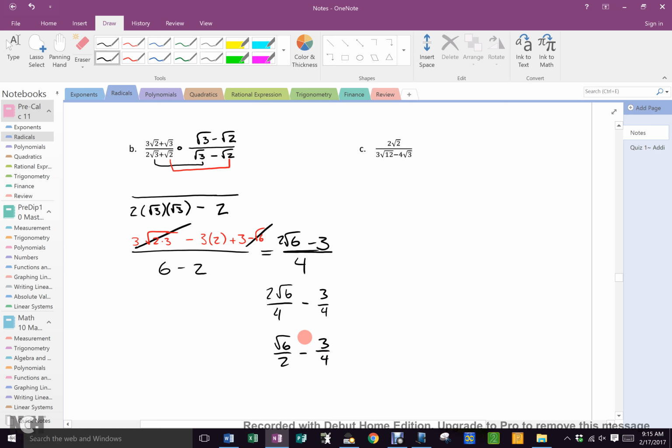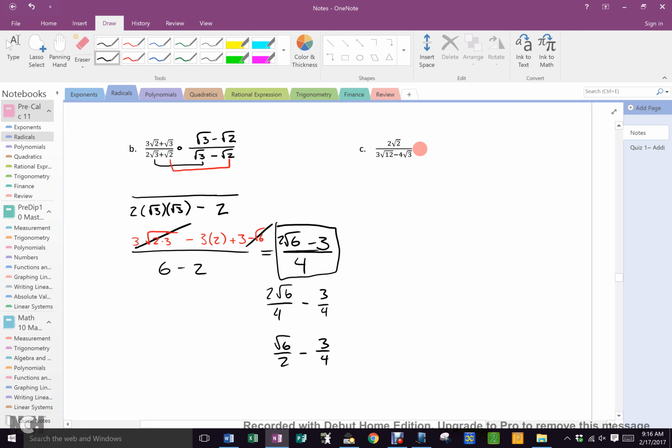Okay? Even though this works, this is simpler. Because if I were going to ask you to add those together, you'd need a common denominator anyway, right? So this is where I want you to leave it. Don't go crazy. Everybody cool? Yeah?